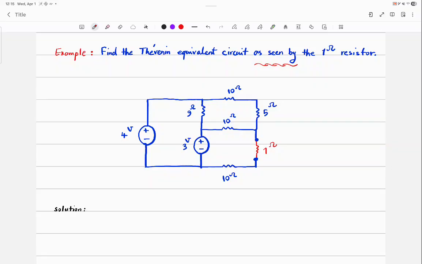Give me a good label for the 1 ohm resistor. RL. See, that's not part of your analysis. So remove it as soon as you understand which one is actually your load. Remember, this is your RL. It's not part of your analysis, your circuit, or whatever. It's the load that's supposed to receive something from the rest of the circuit.